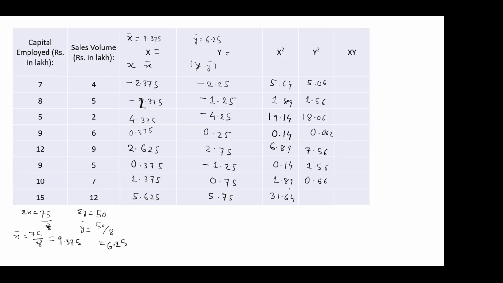And the last one, 5.75 squared, is 33.06. Now we need to add all the x squares and all the xy, and then we are required to take x into y.